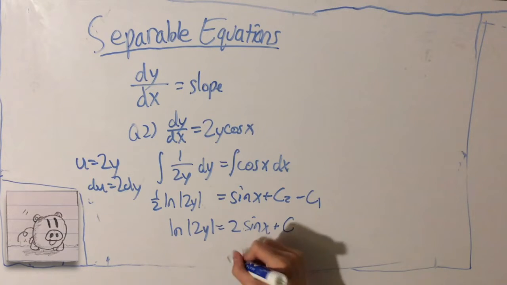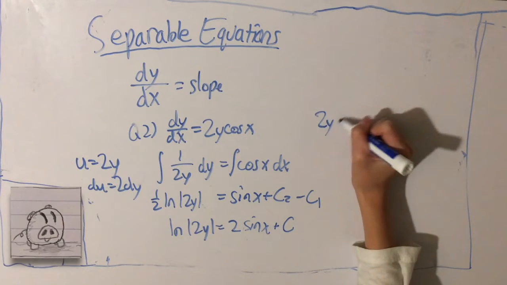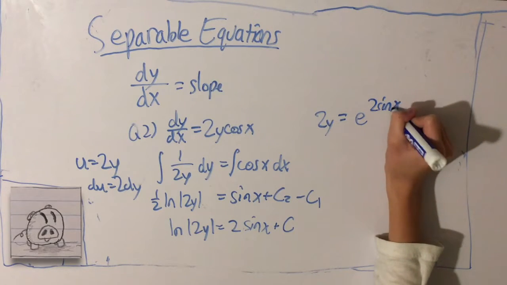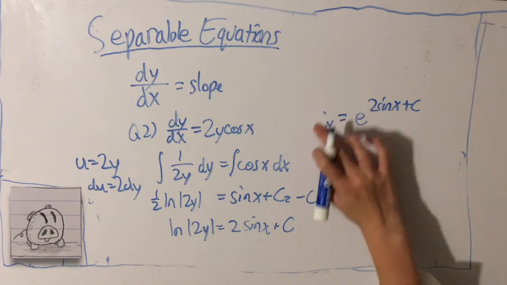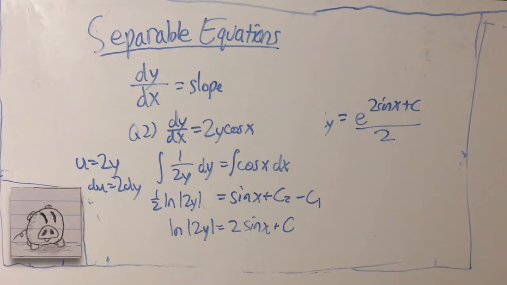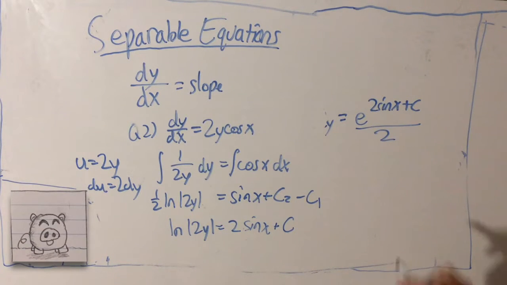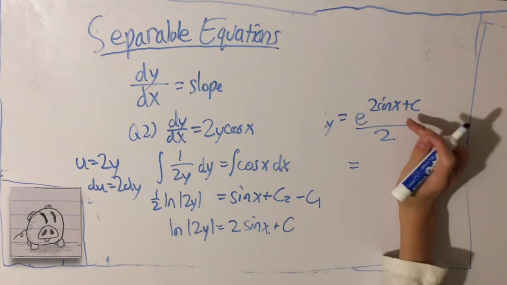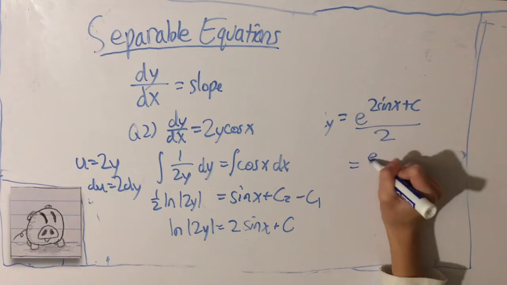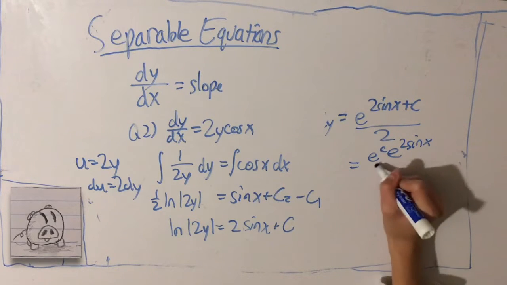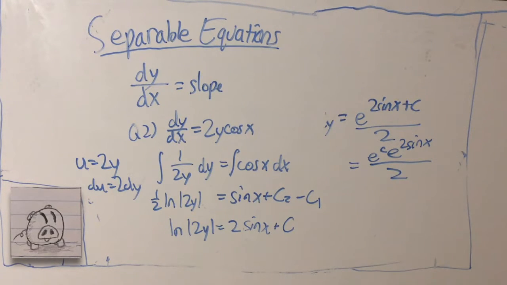If we take e to the power of both sides, we get 2y is equal to e to the power of 2 sine of x plus c. And by dividing by 2, you get this. However, we can go further. Check out this nifty trick. Exponent laws tell us that this plus c can be pulled out as e to the power of c times e to the power of 2 sine of x over 2.